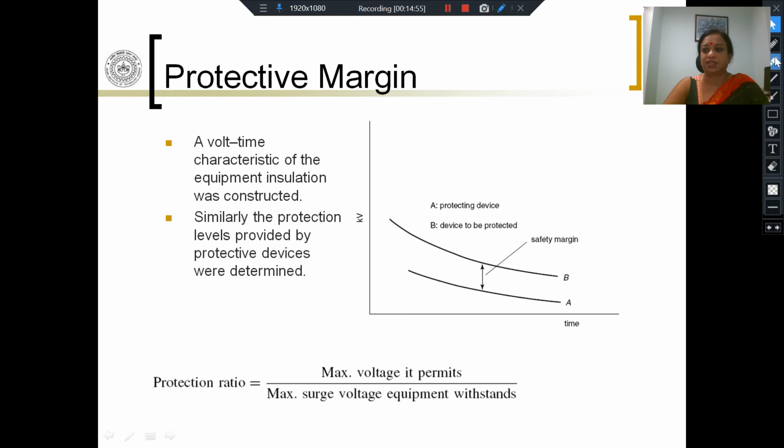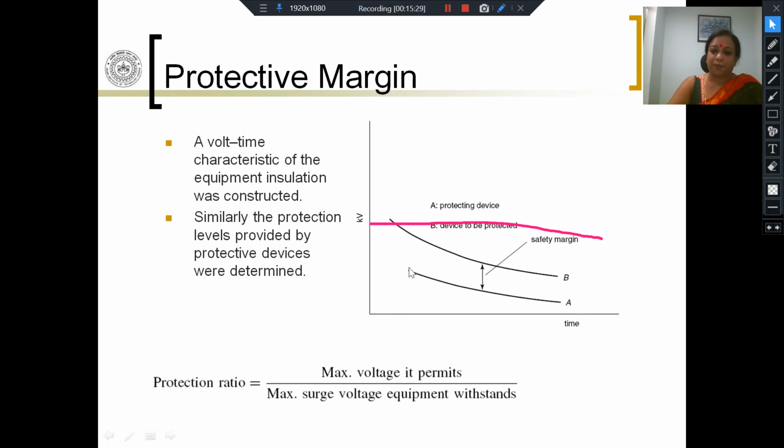So let's say it's something like this. If that is the case, then as you can see, this voltage will appear across the protecting device A as well as the protected device B.